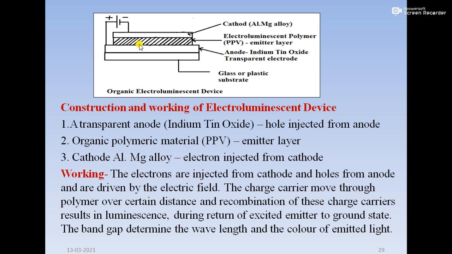There is a recombination of the negatively charged electrons and positively charged holes, so it will produce electroluminescence, and that will give you a flash of light on your screen. That is the working of the electroluminescent device.